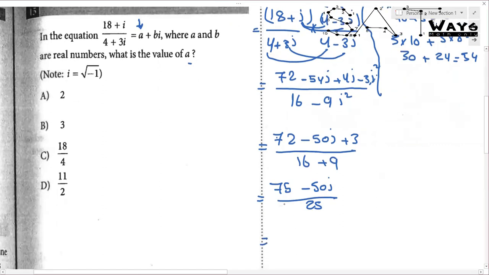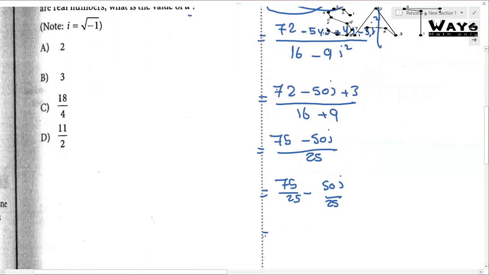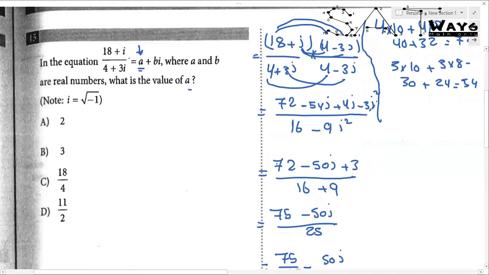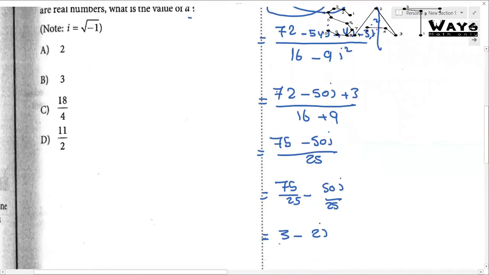Last step, let's divide 75 over 25, and 50i divided by 25 also. We get 3 minus 2i, and he's asking for the value of a, which is the real part. So the answer is 3.